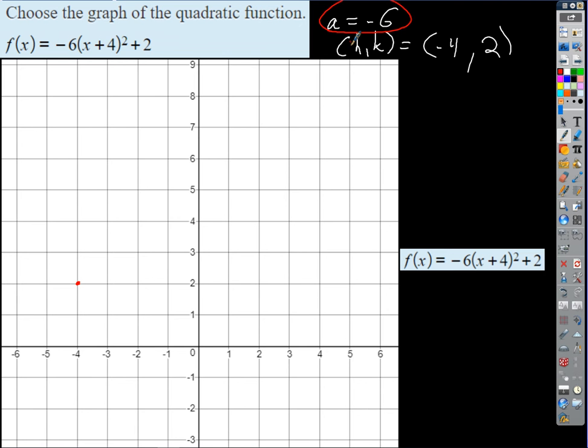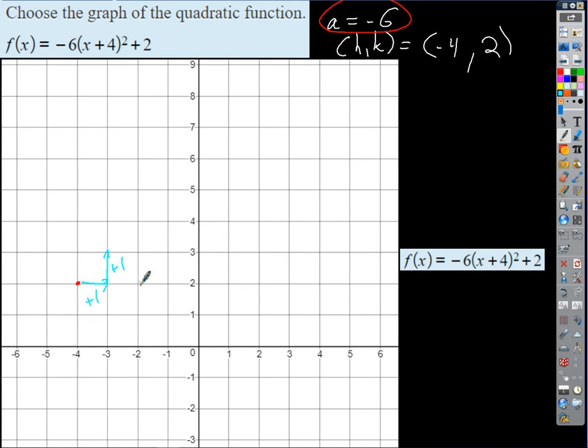If this is my vertex, normally I would go 1 to the right and 1 up. Normally I would go 2 to the right and 4 up, 2 squared up, right? Because it's just y equals x squared. So we're squaring the amount x is changing by to get how much y is changing by.